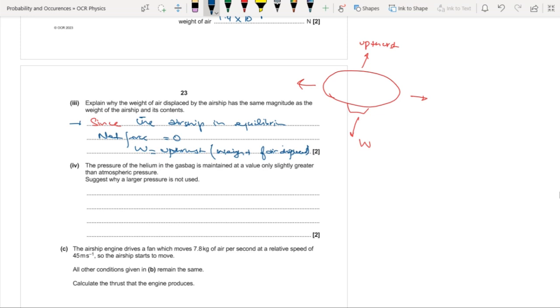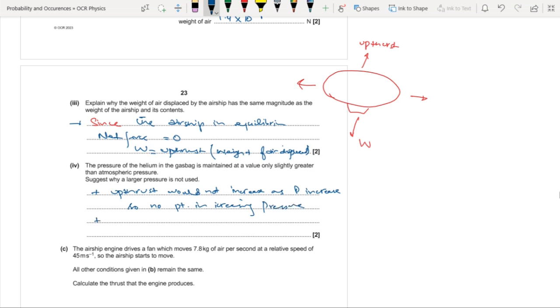So there is no point in increasing the pressure beyond a certain point. Upthrust would not increase as pressure increases. So no point in increasing pressure.